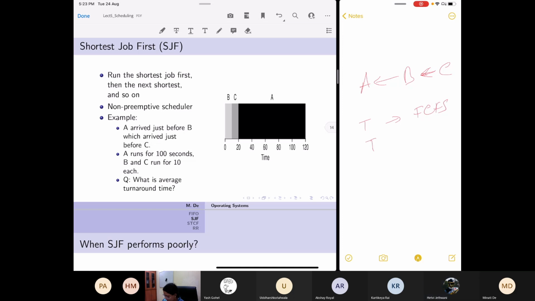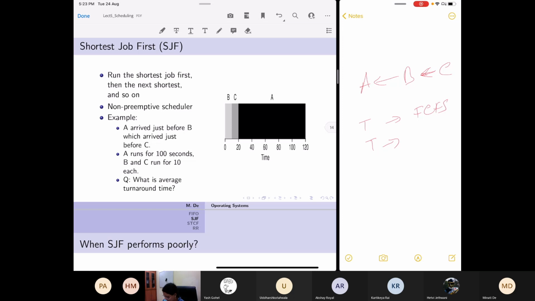And what is the turnaround time of shortest job first? 40 seconds, 40 seconds for first come, first serve. No, shortest, shortest job. Okay. Turnaround time is basically, for B you have 10, then C you have 20, then this is okay. You can calculate it. I am not asking you the exact answer, but I am asking, for which one is it better with respect to turnaround time?